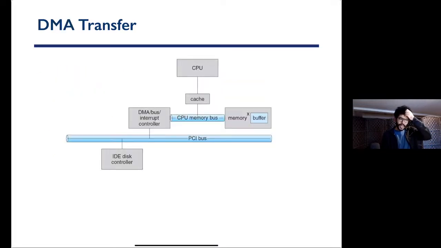Now, a DMA transfer usually has a couple of steps. Now, I have to say that the figure that you're looking at is kind of old style DMA, where in old systems you had on your processor chip a DMA engine or two or whatever number of DMA engines, and in this case, this DMA bus interrupt controller was in charge of doing all DMAs.